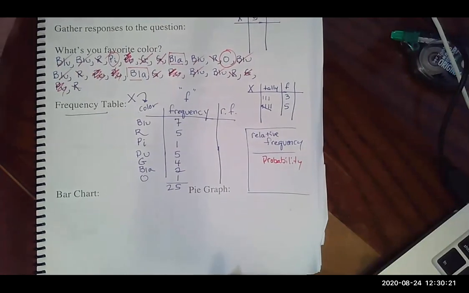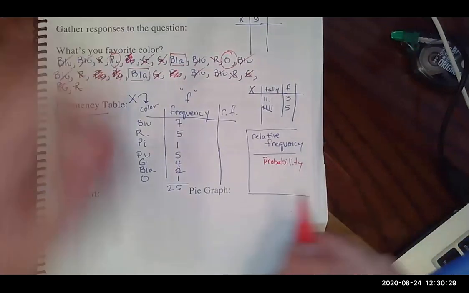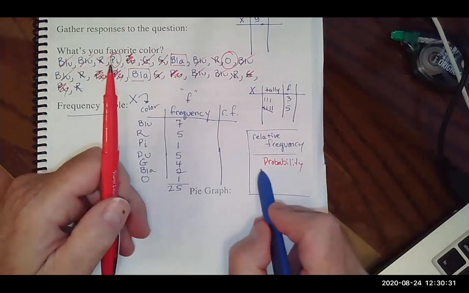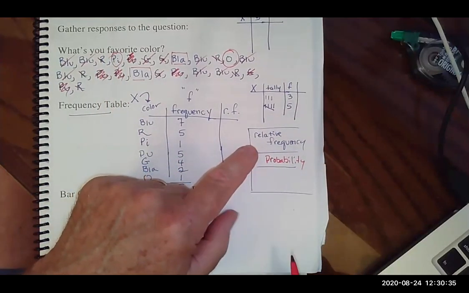Now, I'm not defining what probability is. We have a whole chapter on probability in chapter 5. That's coming down the road. So just remember probability for later. Right now, it's being called relative frequency.